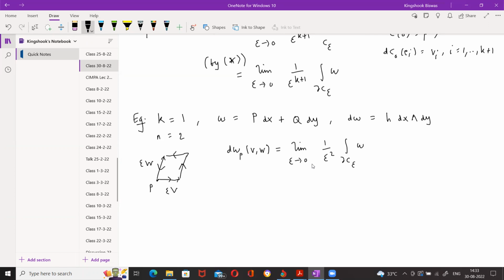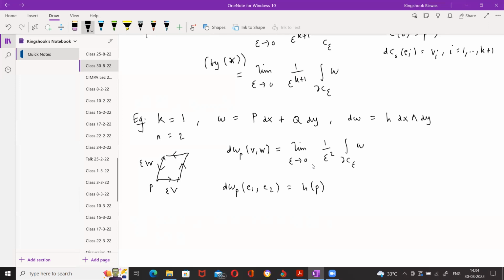So how do I get h here? d omega at p of e1, e2 is going to be h of p, because I just apply both sides to the pair e1, e2. dx wedge dy applied to e1, e2 gives me 1. So that means that h of p is d omega at p of e1, e2.